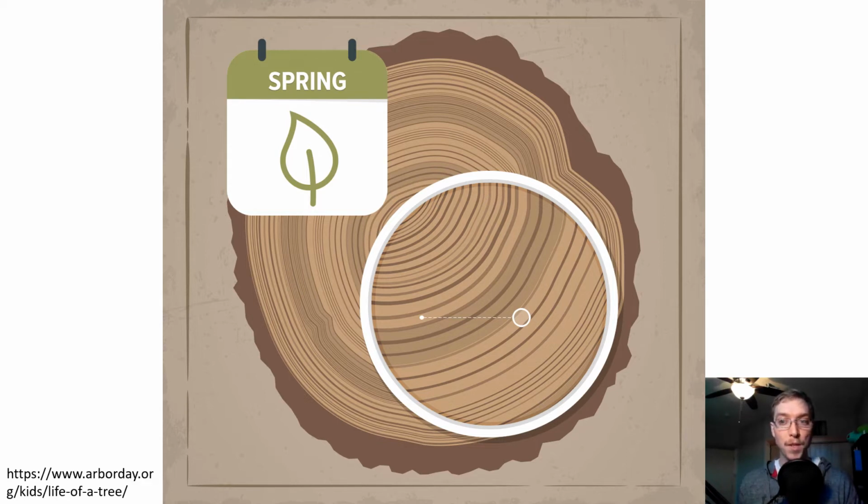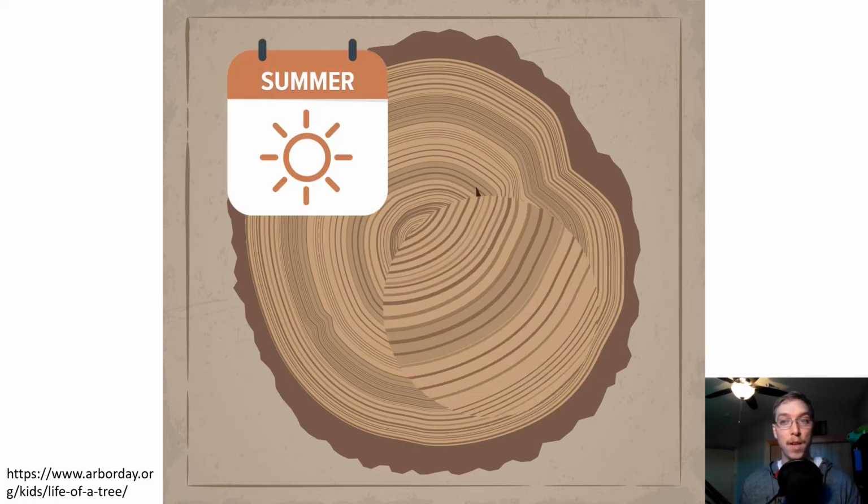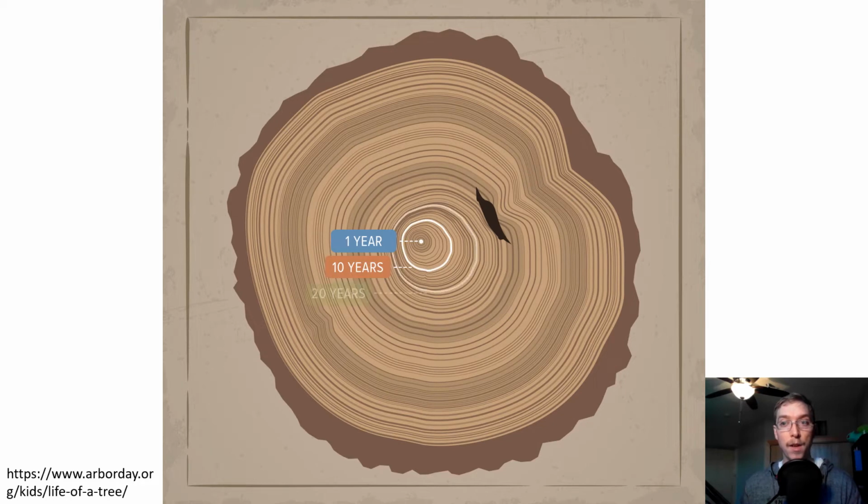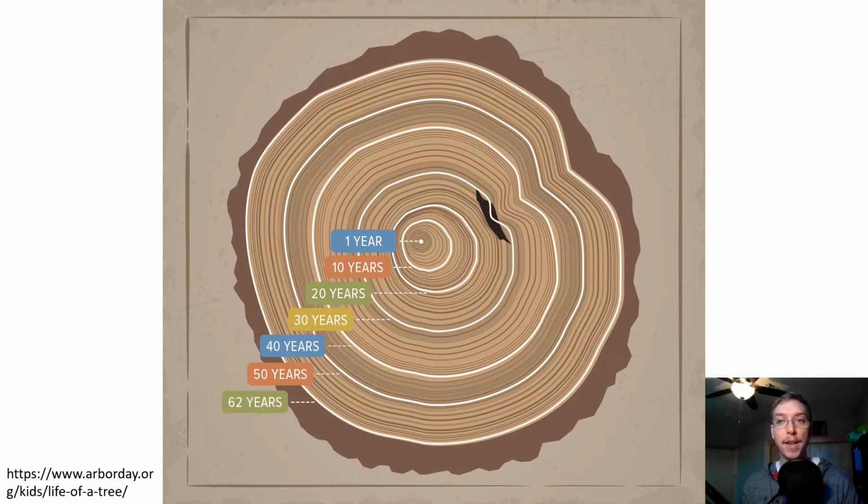The wood formed in spring grows fast and is lighter because it consists of larger cells. In summer, growth is slower, forming smaller cells that produce darker wood. So when a tree is cut, the layer appears as alternating rings of light and dark wood. You can tell how old the tree is by counting the dark rings, one for each year.